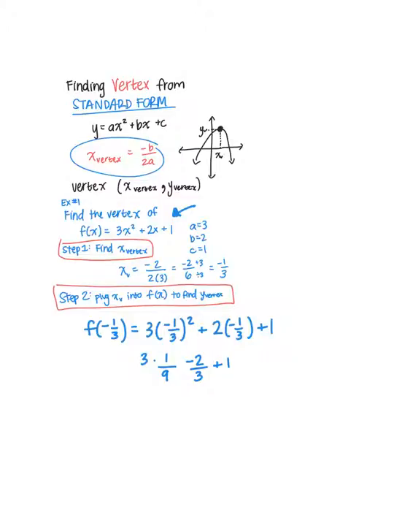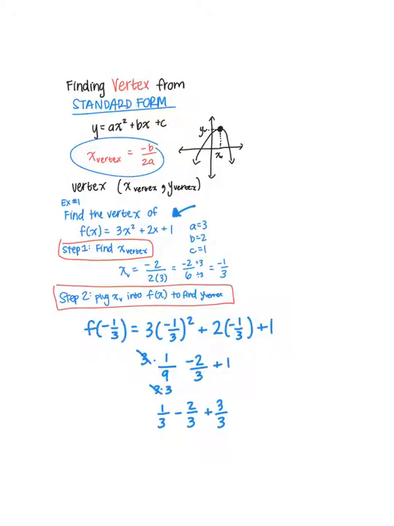Okay, we know 3 goes into 9 3 times. So this simplifies to 1/3 minus 2/3. And we're just going to change 1 to be 3 over 3, because that way we can combine the fractions because they have a common denominator.